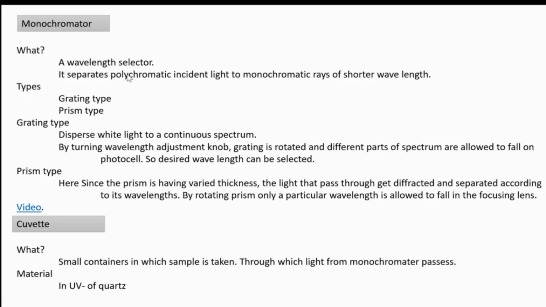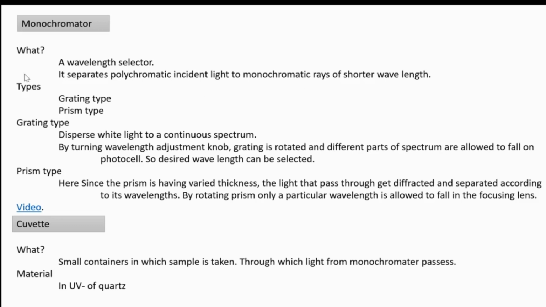Such polychromatic incident light, it selects only one particular color, or we can say it another way, it can select a particular wavelength. A particular wavelength means a particular color. That is the purpose of this monochromator. It selects a particular wavelength out of a group of wavelengths.